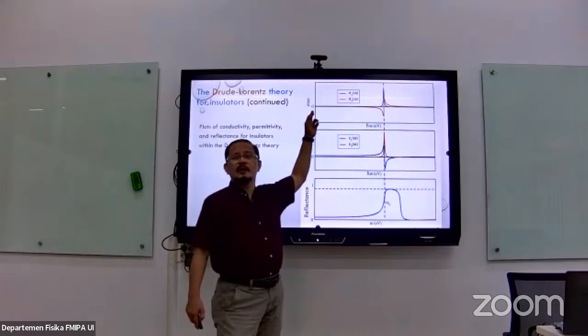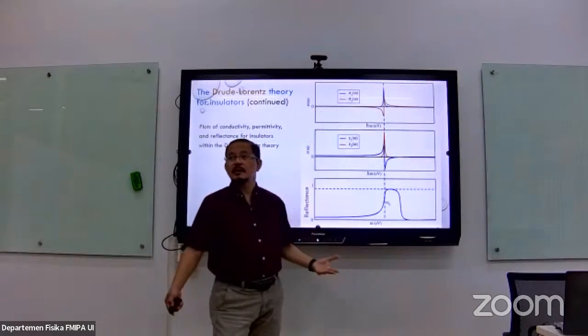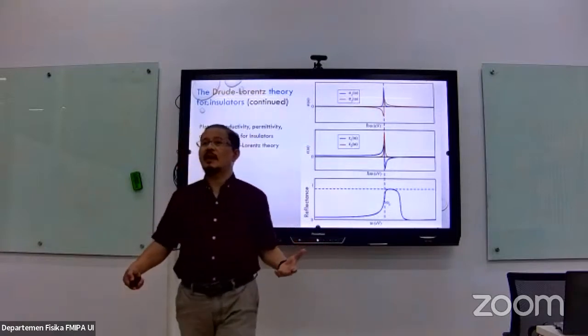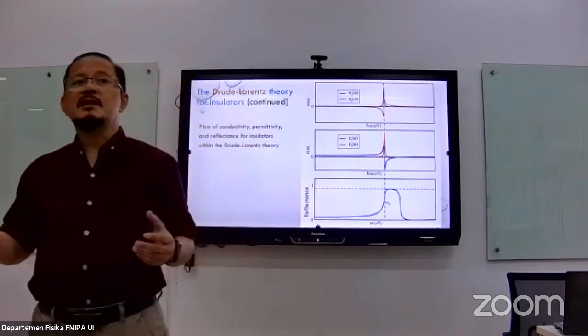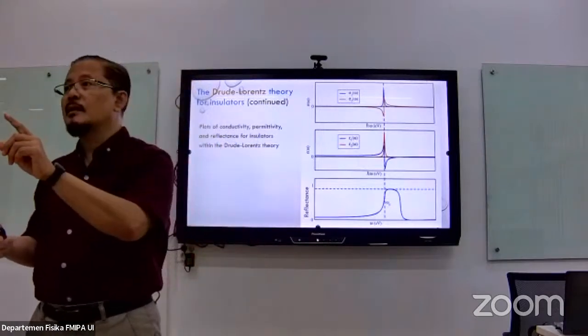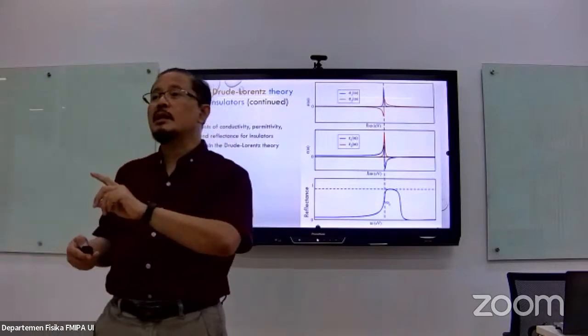Can you tell? DC value means the conductivity value corresponding to the static field, which means omega equal to 0.